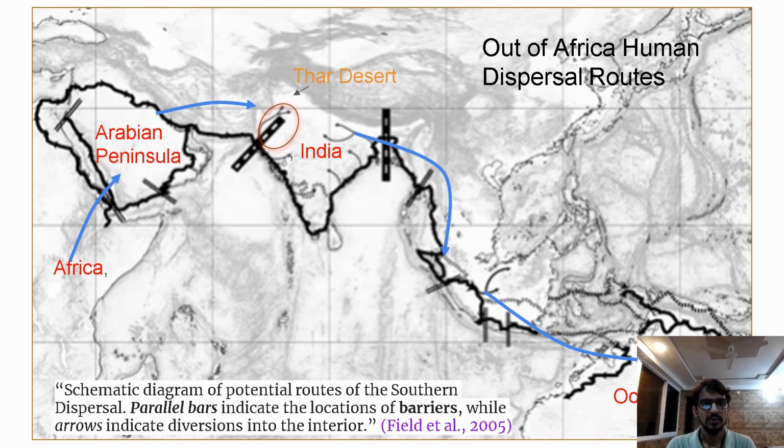This was also true for earlier dispersals, but in this context, one GIS model proposed a route along the Indian Ocean coastline, which suggests there were two major barriers close to India, the Indus Delta and the Thar Desert, and in the northeast. So here we are going to focus on the Thar Desert.